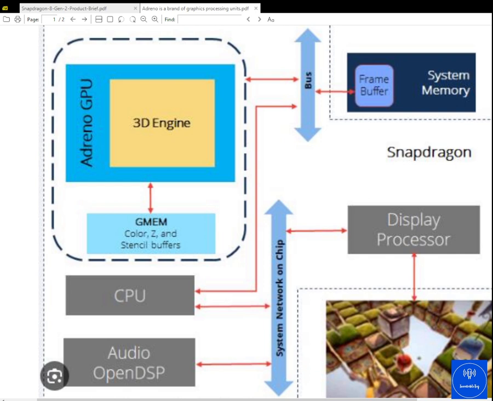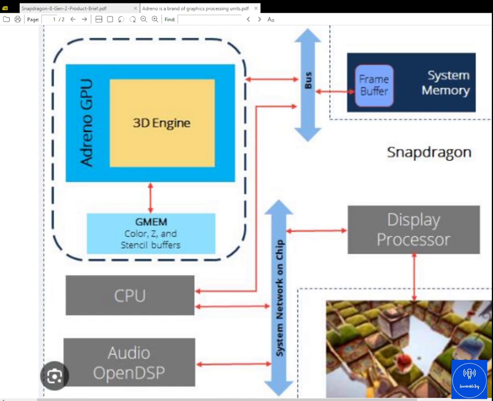Step number 6 is pixel output. After fragment processing, the GPU outputs the final pixel value to the frame buffer. The frame buffer is part of the system memory, as you can see from the diagram. What it does is store the color values of each pixel on the screen.